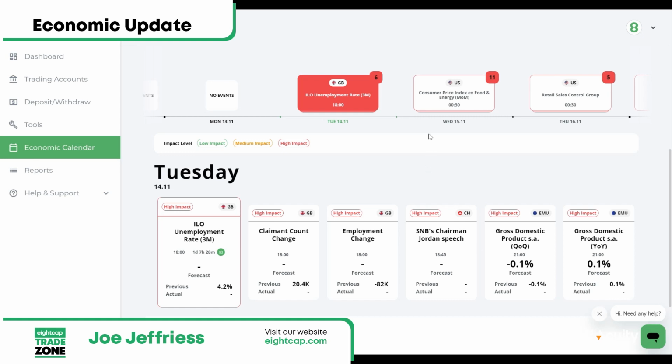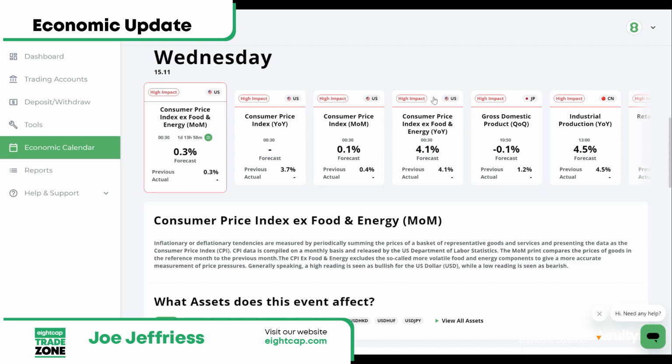Coming on to Wednesday, we have probably the highlight of the week, which is US CPI data. We have the year-on-year, the core, and also the month-on-month CPI.